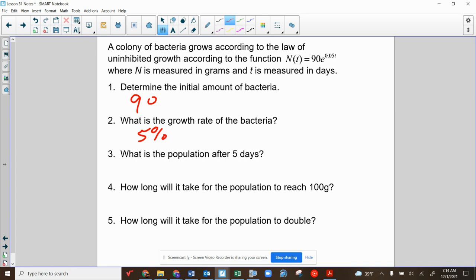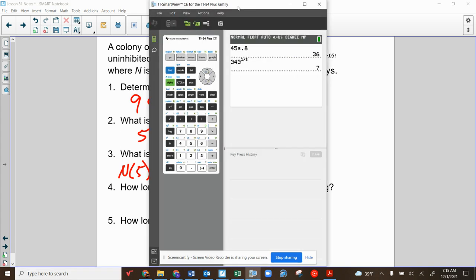Population after 5 days. So that would be N of 5, excuse me. So you're going to plug in 5 for your T. So you'll have 90 e to the 0.05 times 5, just to make sure that you know how to plug that in the calculator.